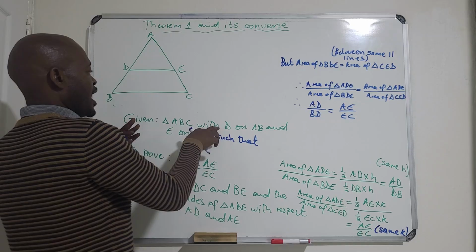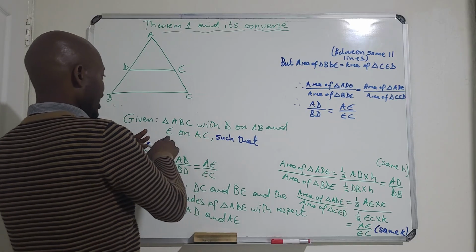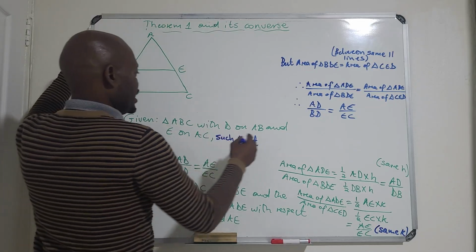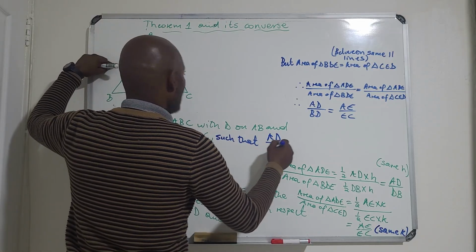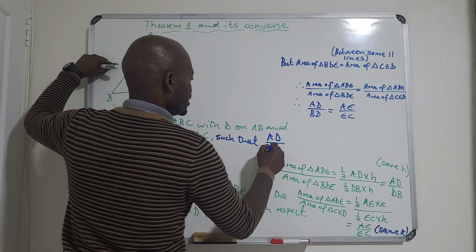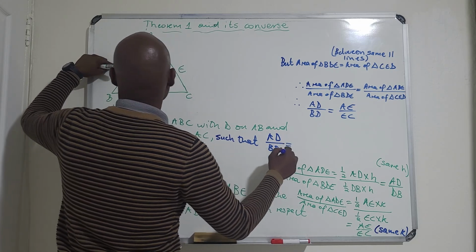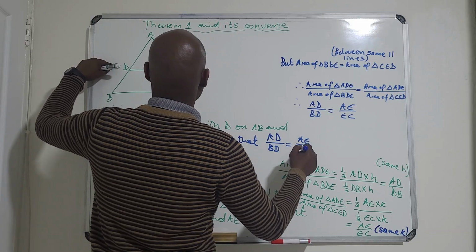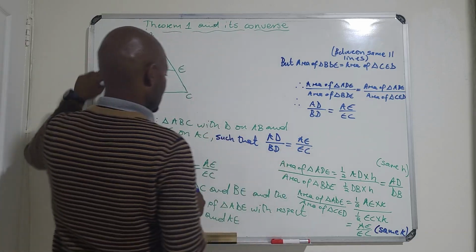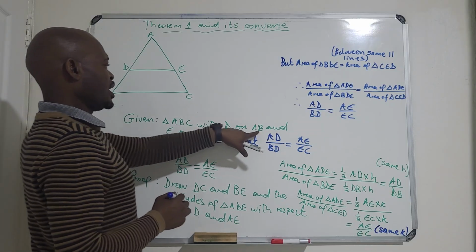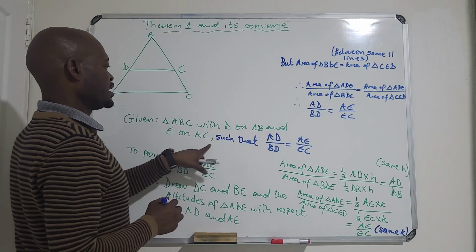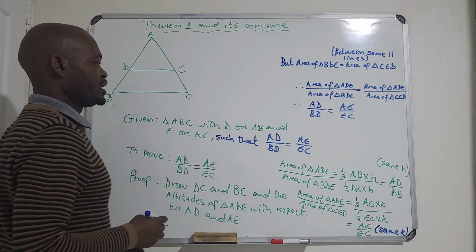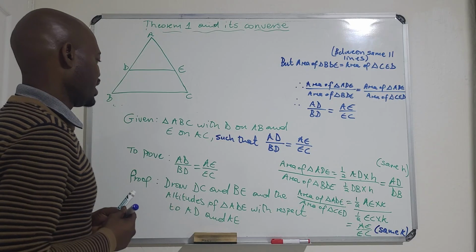So we have D on AB and E on AC, such that AD over BD is equal to AE over EC.